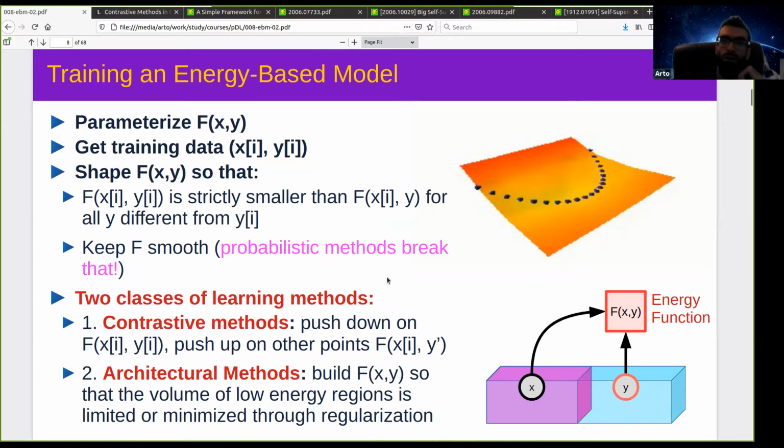And how is it done? We basically want to shape our energy function in such a way that it assigns low energy to the data points and high energy everywhere else.